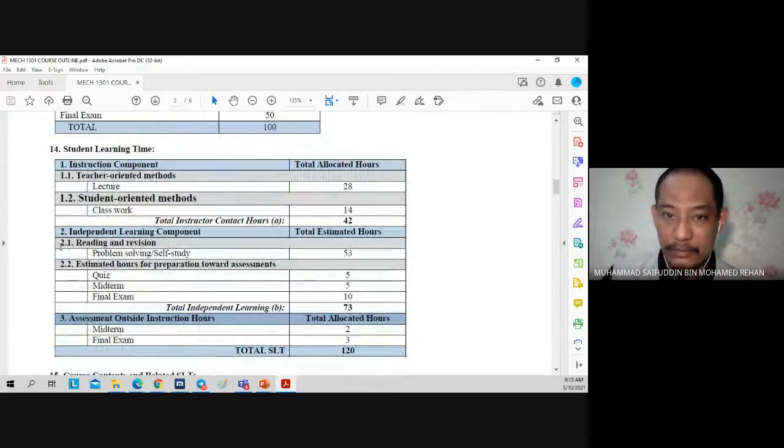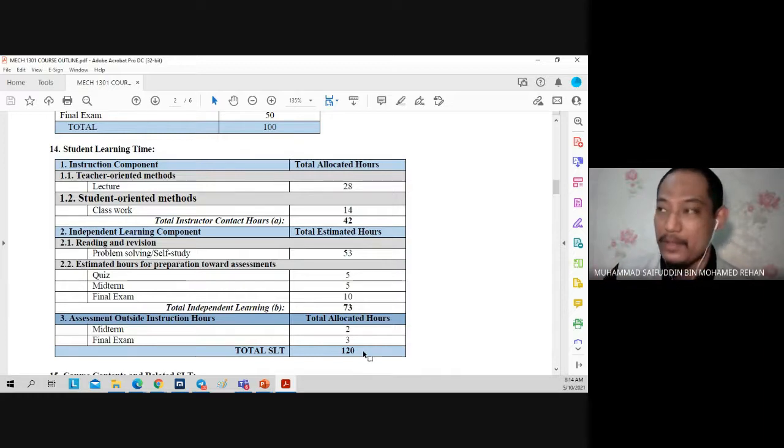Now, in terms of the student learning time, you can see here, normally for a subject with this credit hour, the time in the end will add up to 120. That includes the time that you will spend in the assessment as well as in study, inside the class and outside of the class.